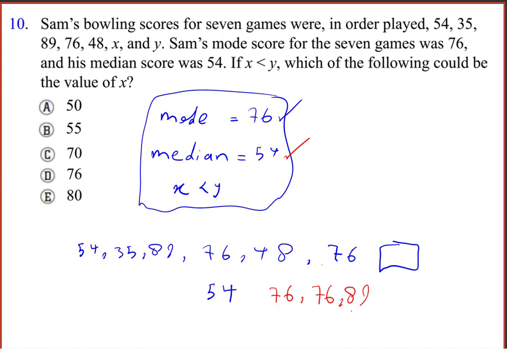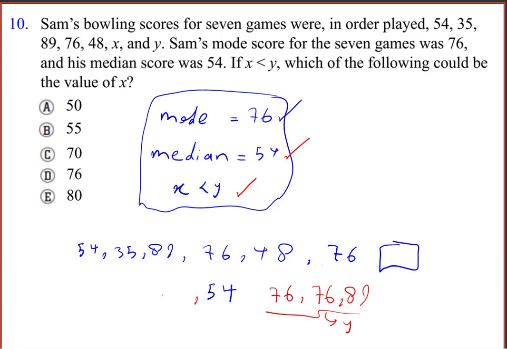Here we have all of our 3 numbers that can be more than these ones. So definitely we can say that this is Y, because it says that X is smaller than Y. So the other one should be in the left part. So this is Y. So X is less than 54.